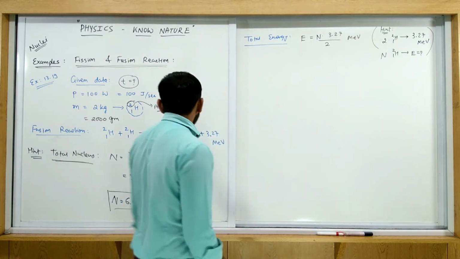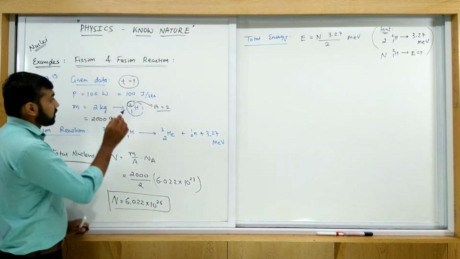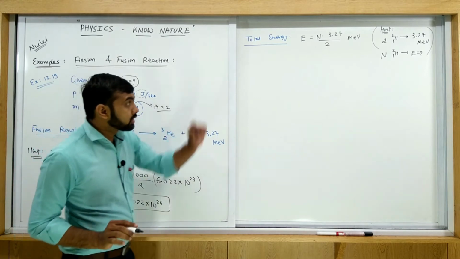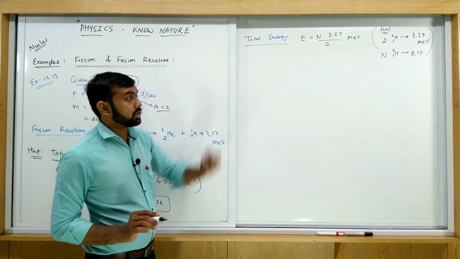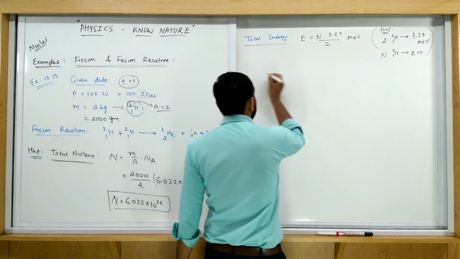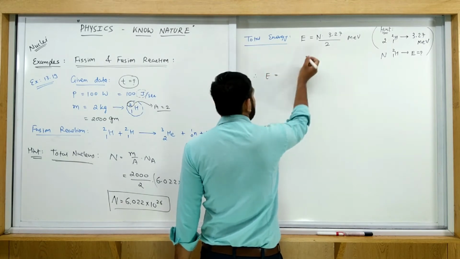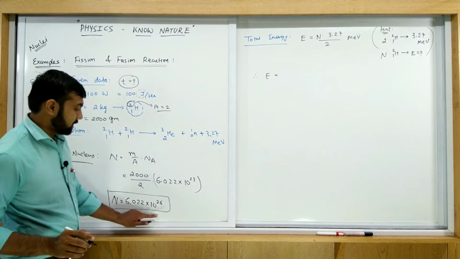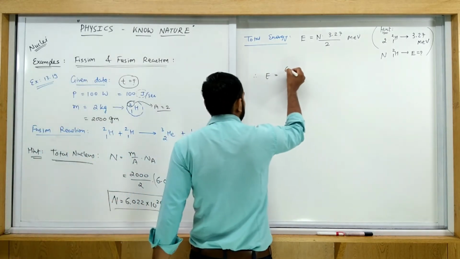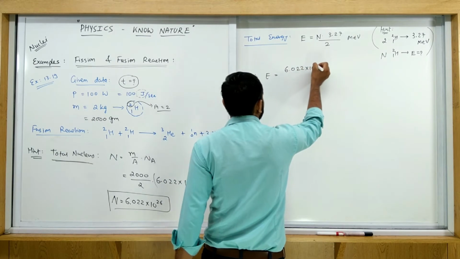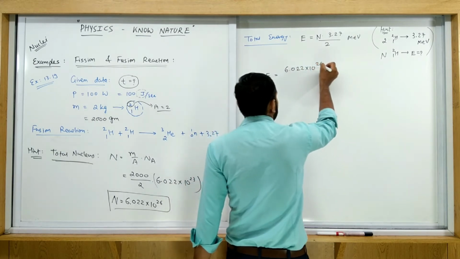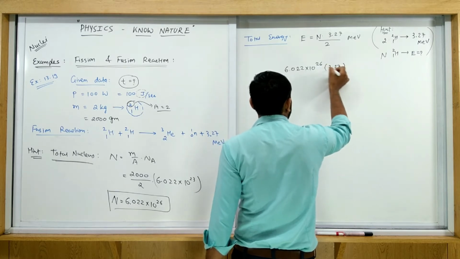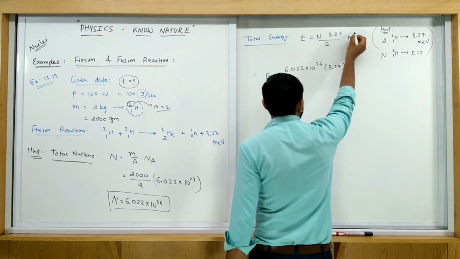But what is this answer? The energy given to us is in joule, so first convert this value to joule. So put all these values here. E is equal to, what is N? N is equal to 6.022 into 10 raised to 26, into 3.27 mega electron volt.